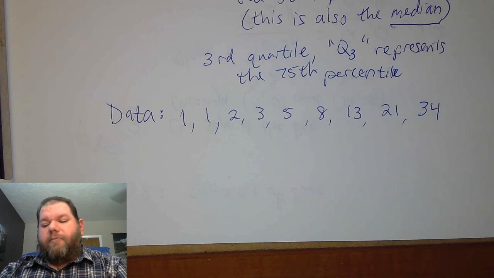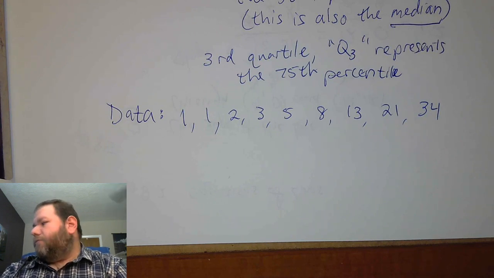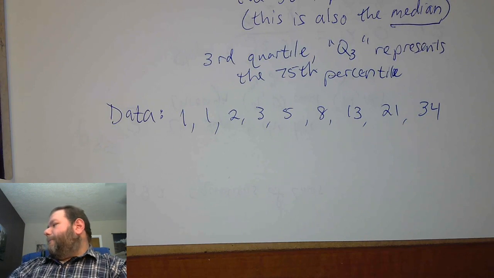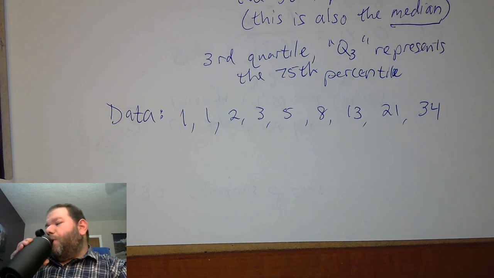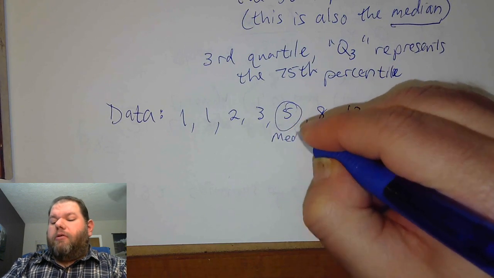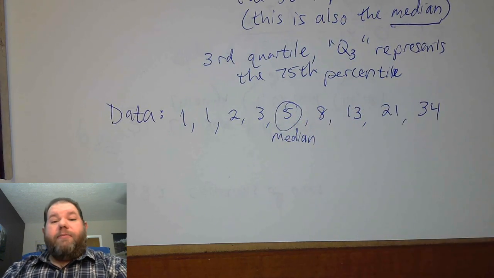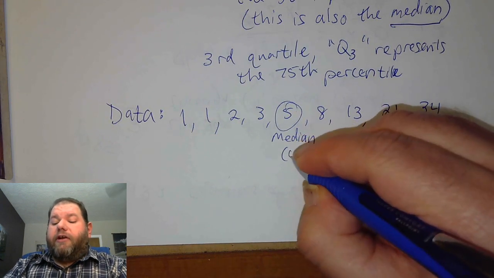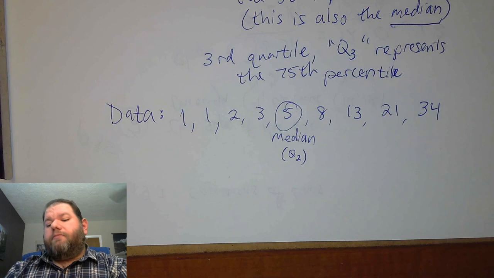Do you remember how we found the median here? Five. So that's our middle value, 5. And again, technically, it counts as the second quartile.